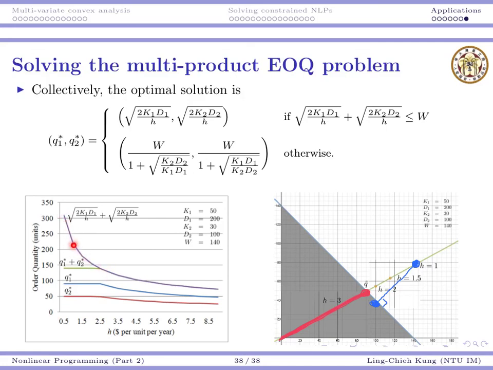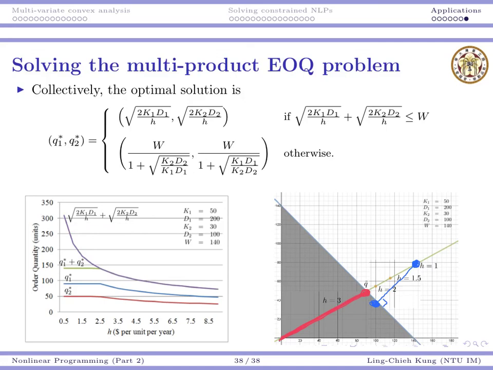But if the sum is greater than the capacity 140, we will adjust the solution so that the sum is 140. After that, the ordering quantity is not so large, and then we will order the unconstrained optimal solution. So this is how we solve this constrained two-product EOQ problem.